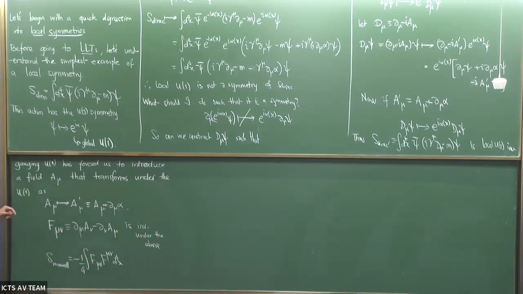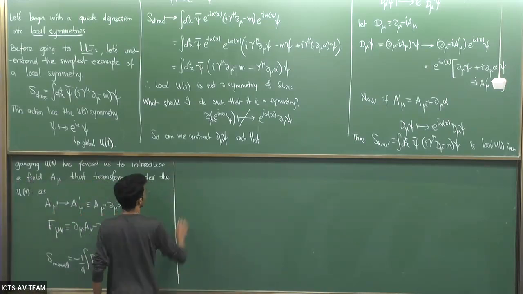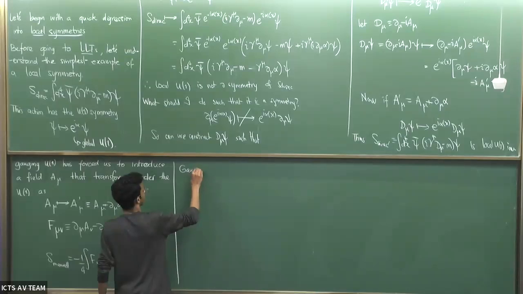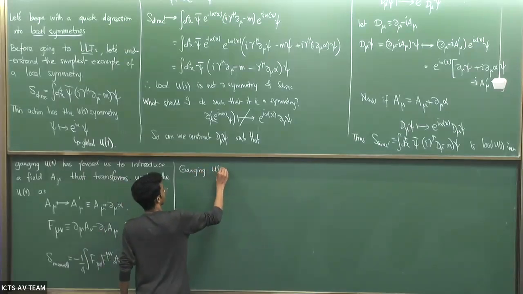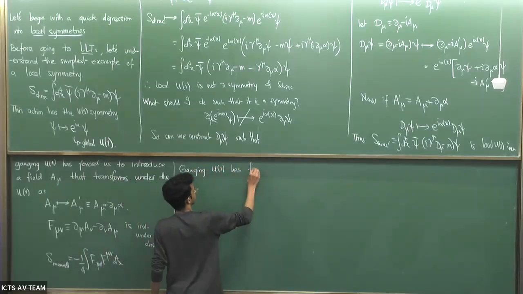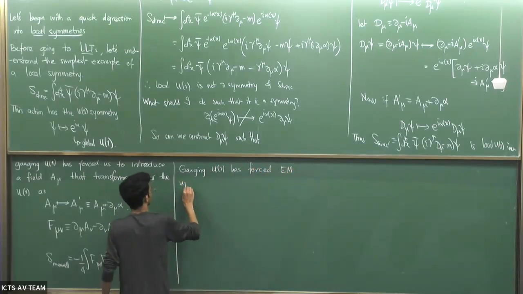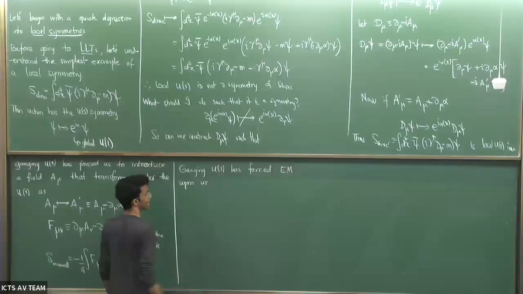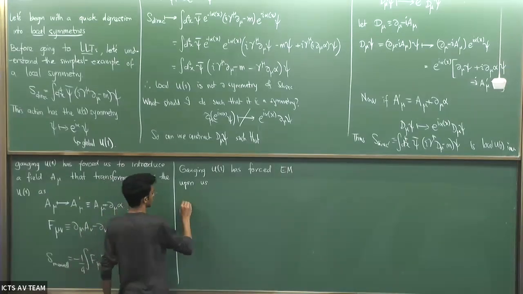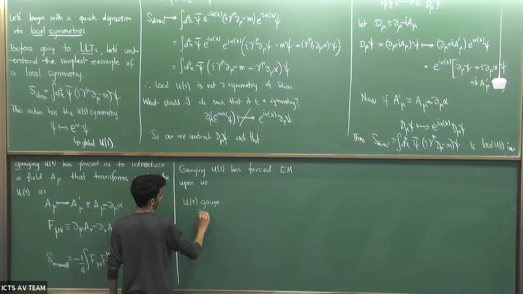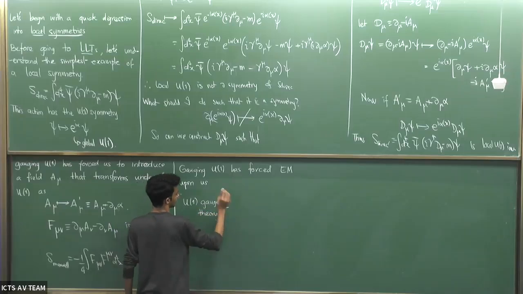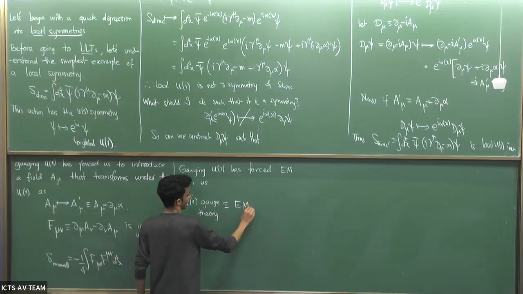So gauging U1 has forced electromagnetism upon us. Or another way of saying it is that U1 gauge theory is equal to electromagnetism.